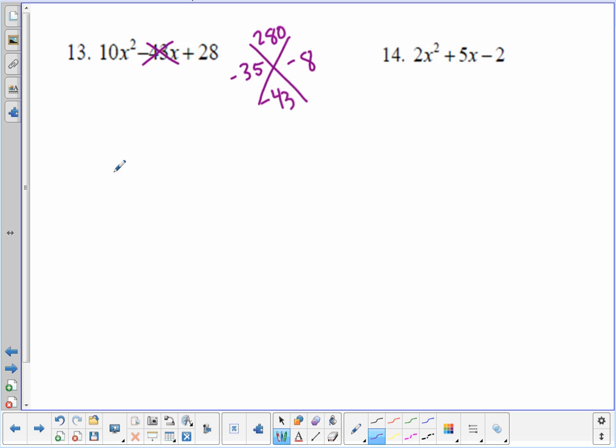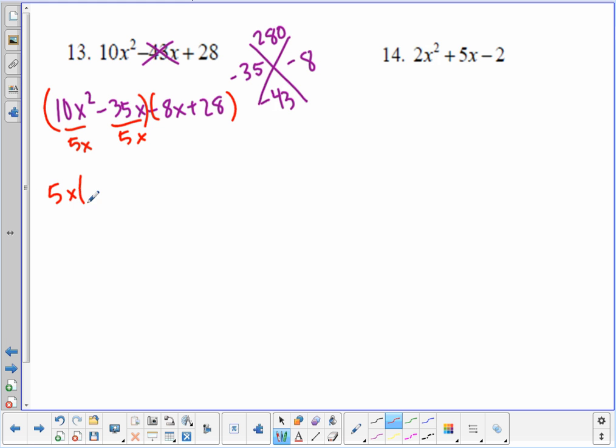So that's what I'm going to split my middle into. I have 10x squared minus 35x minus 8x plus 28. And then I group and group. From this group, I can take out a 5 and an x. So I have 5x out front.